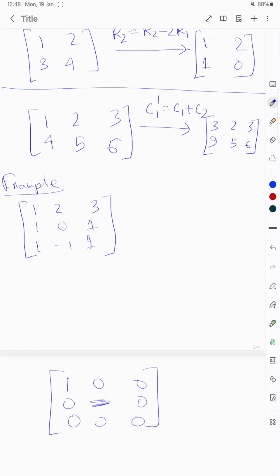But for the time being, I'm just showing how this row or column operation works. So you see this is 1, no issue. So what I am doing: r2 dash equal to r2 minus r1. Why am I doing this? Basically I am trying to make this element 0.